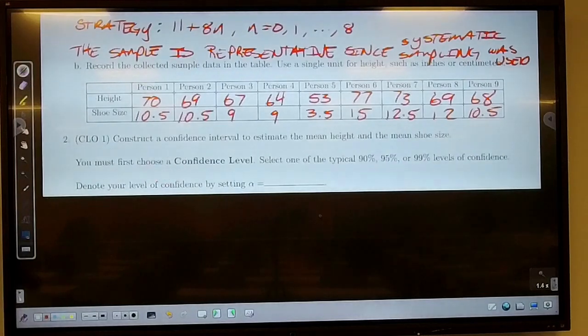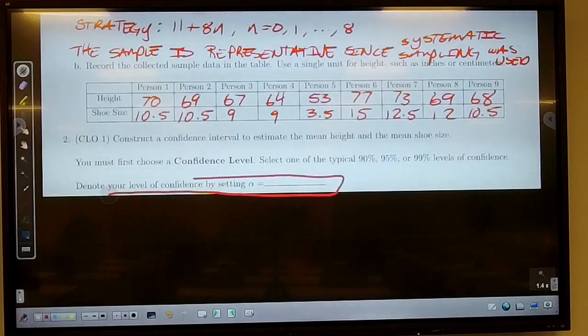And in order to do that, we need to specify a degree of confidence. And we're going to do this by choosing an alpha.